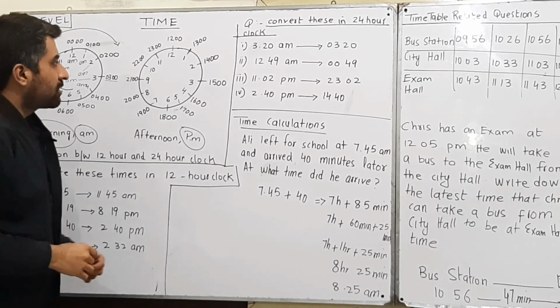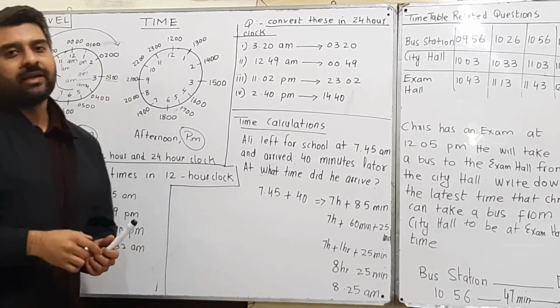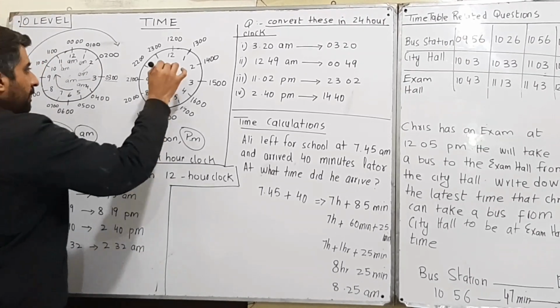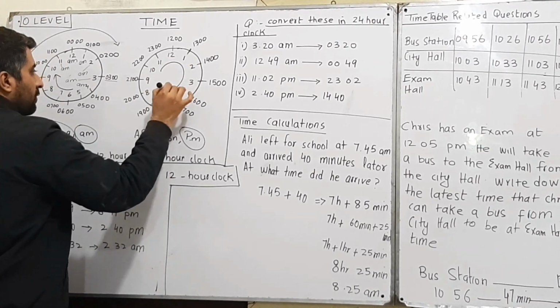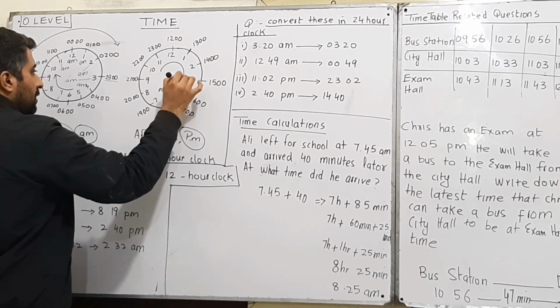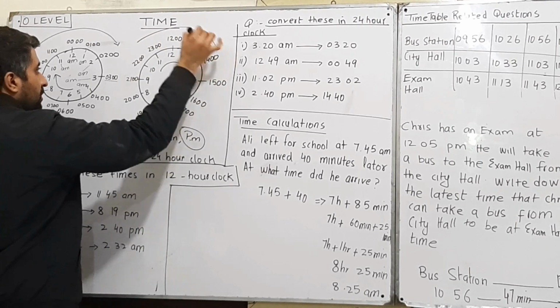However, now we discuss afternoon timings in 12 hours and in 24 hours. This one is 12 hours, while this one is 24-hour clock.